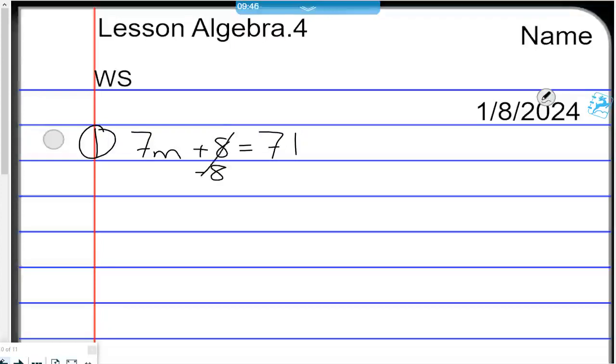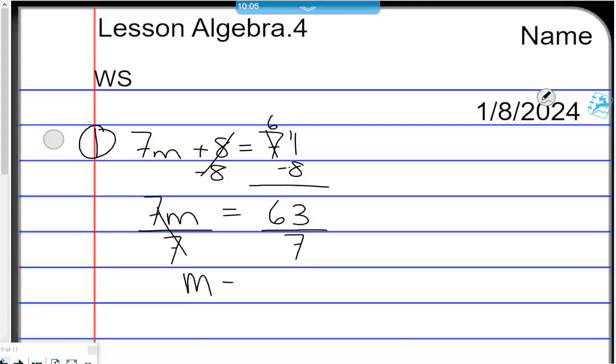That cancels out. Leaves me with 7m equals, you just subtract 8. 71 minus 8, I have 63. I need to divide by 7 because I'm multiplying by 7. Divide by 7. Leaves me with m equals 9.